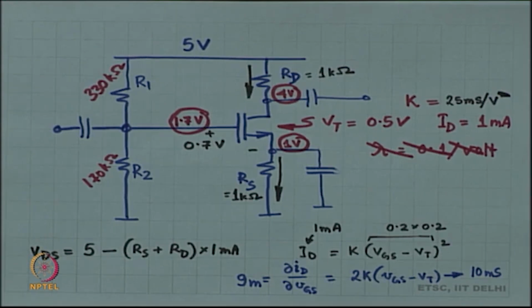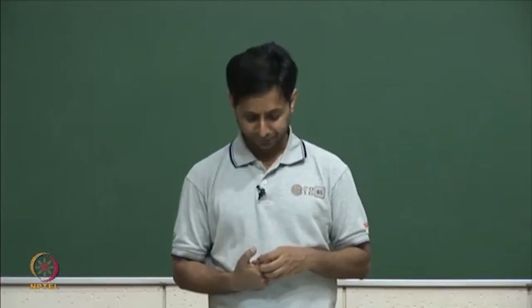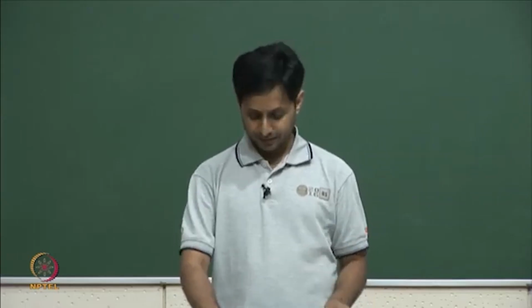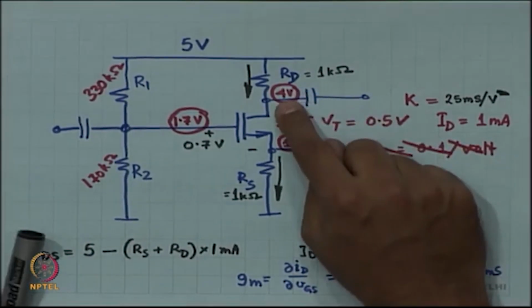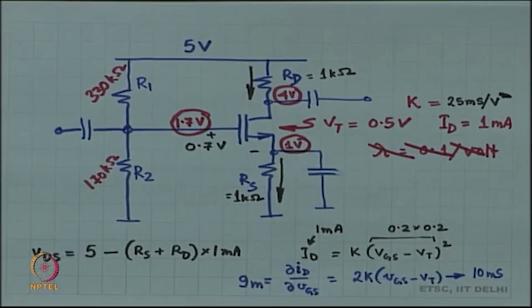Now, what are the limits of the incremental voltage and the incremental current? So, number 1, VDS, or rather the drain voltage is at 4 volts, source voltage is at 1 volt.